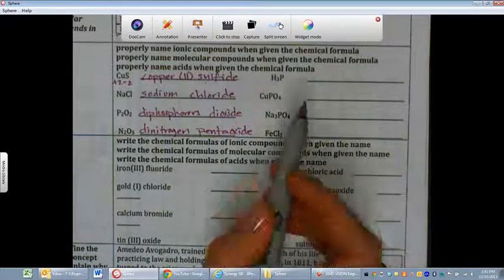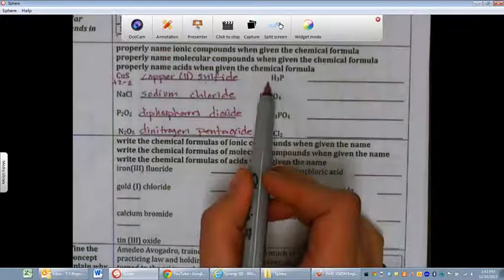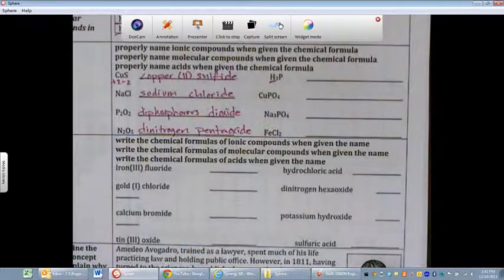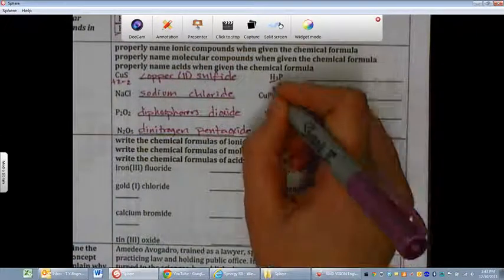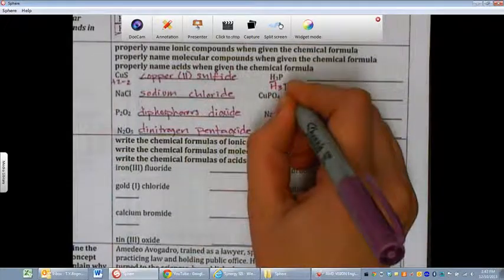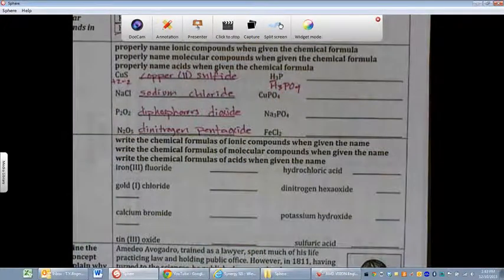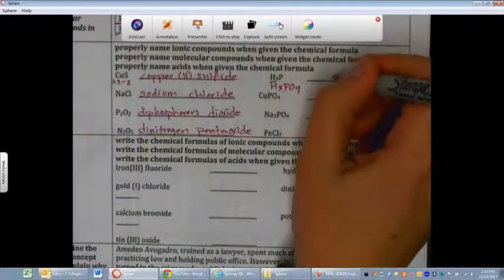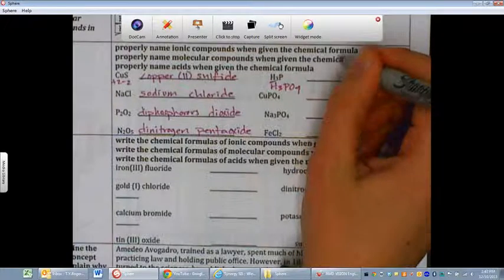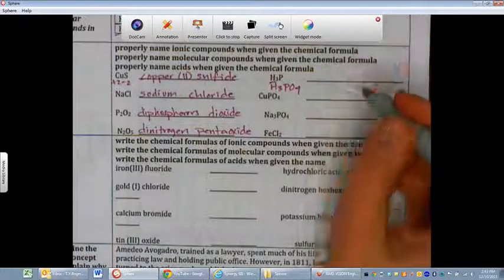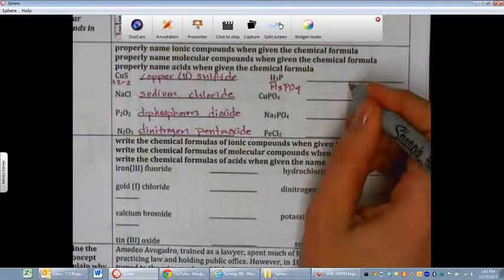Okay, the next one, there is something special about this one. It has an H. When it has an H, it makes it an acid. But remember that there's a difference between having H3P and H3PO4.